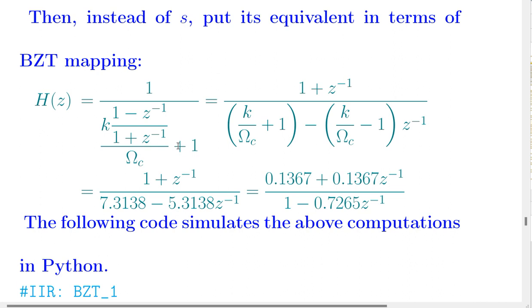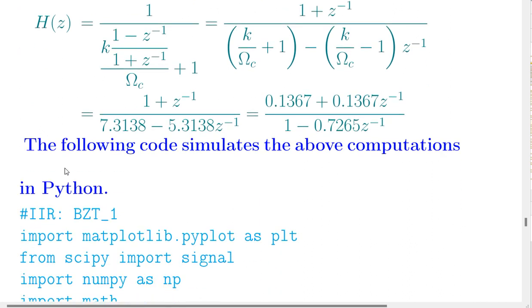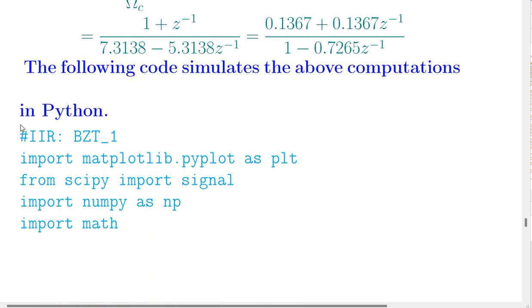That's it. Which will lead to 0.1367 plus 0.1367 z to the power of minus 1 over 1 minus 0.7265 z to the power of minus 1. The following code simulates the above computations in Python.